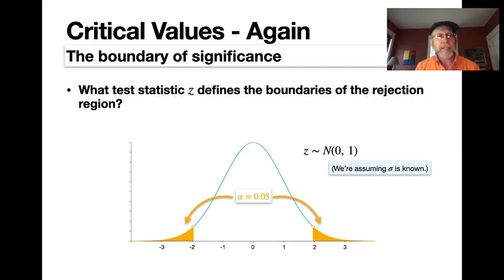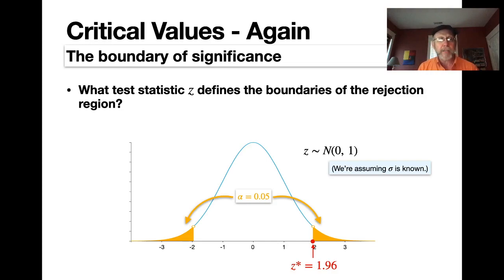What test statistic z defines the boundaries of this rejection region? Well, you could easily calculate that, right? That value z is just the value that defines the middle 95% of the standard normal distribution. That was the value we calculated as the critical value for a 95% confidence interval. Now, when we're talking about a 5% significance test, we still call it a critical value.